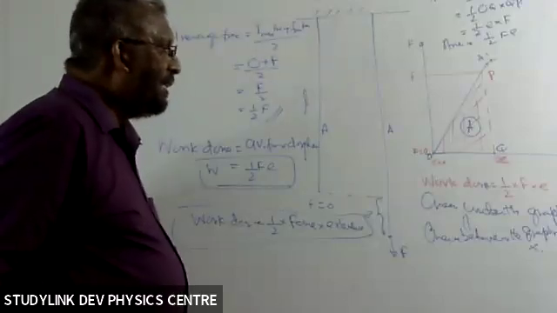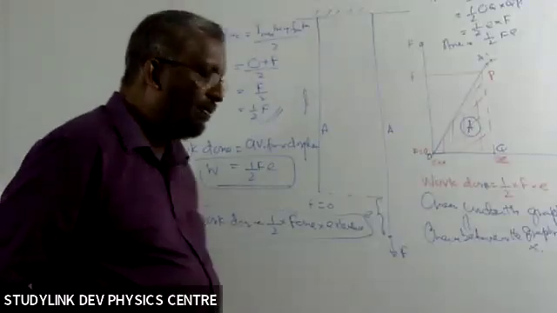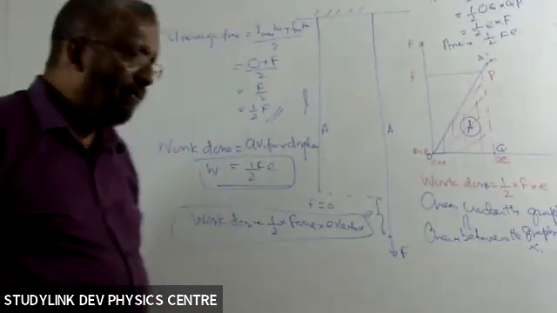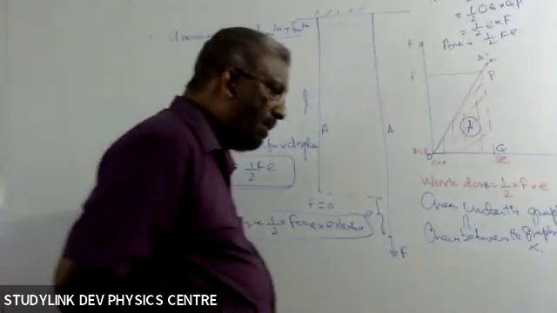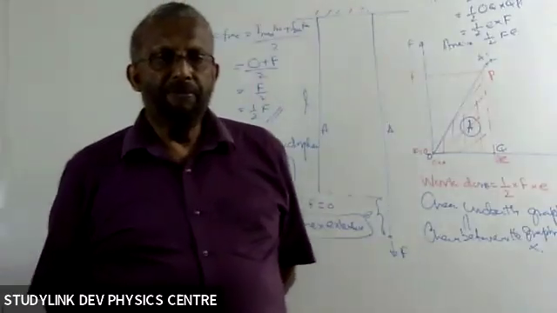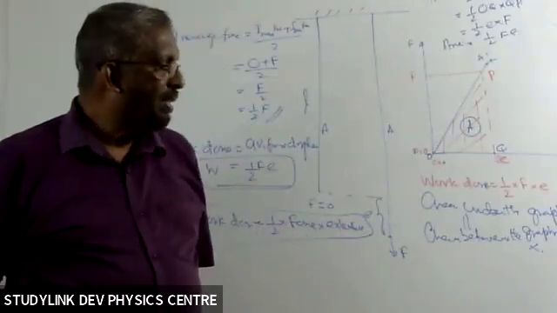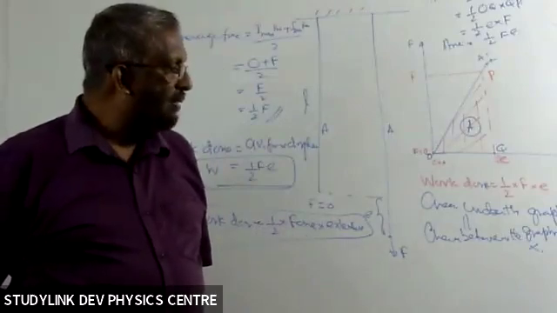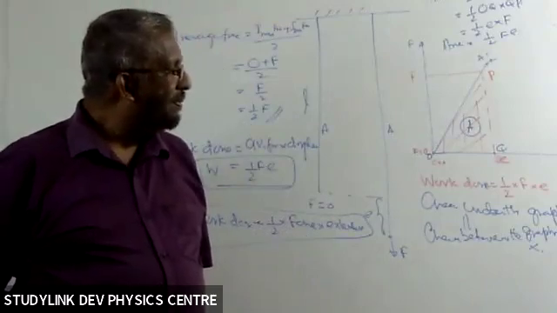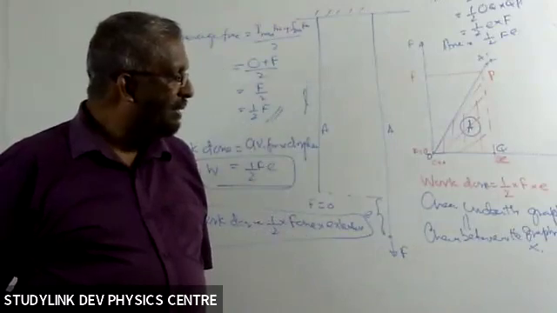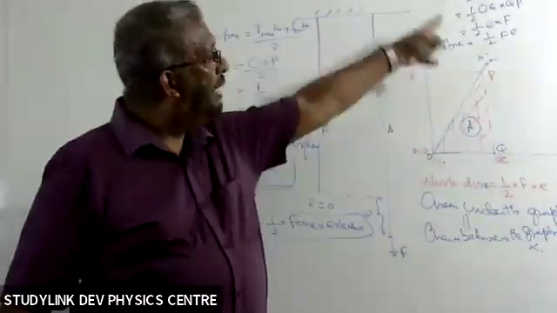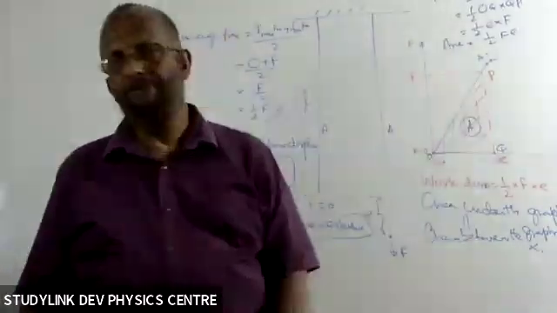Therefore, the energy stored in a wire, in other words the work done when a wire extends due to a force, is equal to the area between the graph and the x-axis. Write this part, then the upper part. This is the first part, then the second.